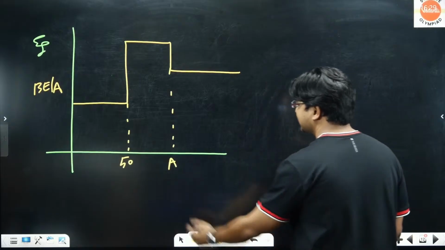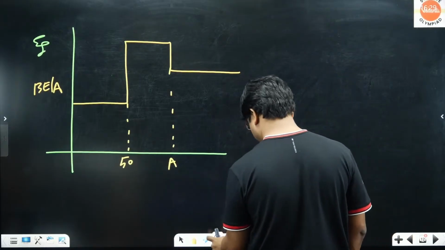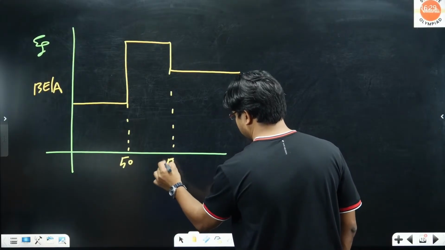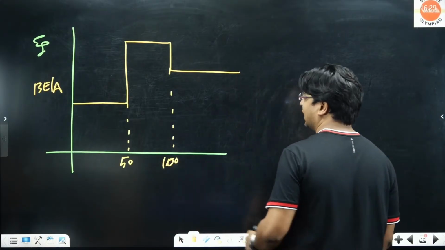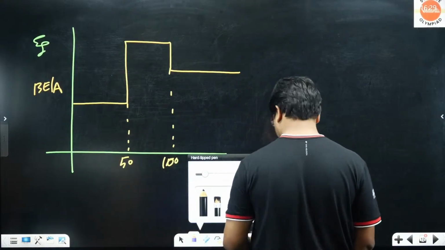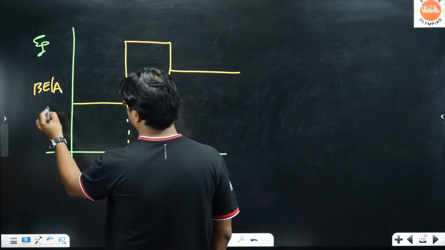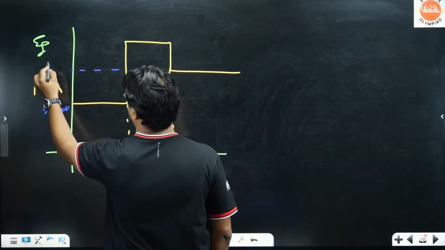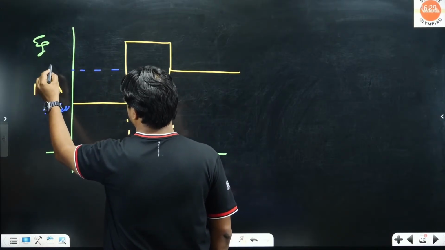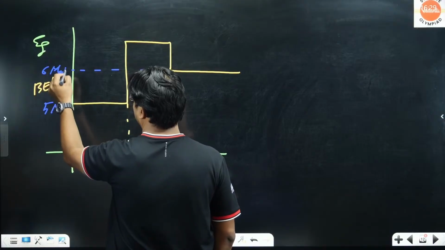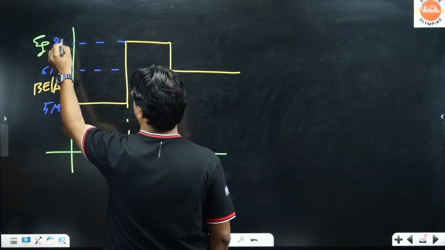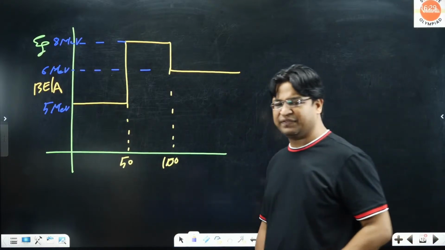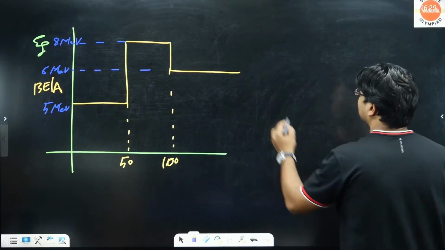Let's say this is 50 and this is 100. Let me assign some values here also. Let's say this is 5 MeV, this is 6 MeV, and this is 8 MeV. So it is a hypothetical graph. Now I'm giving you two reactions.